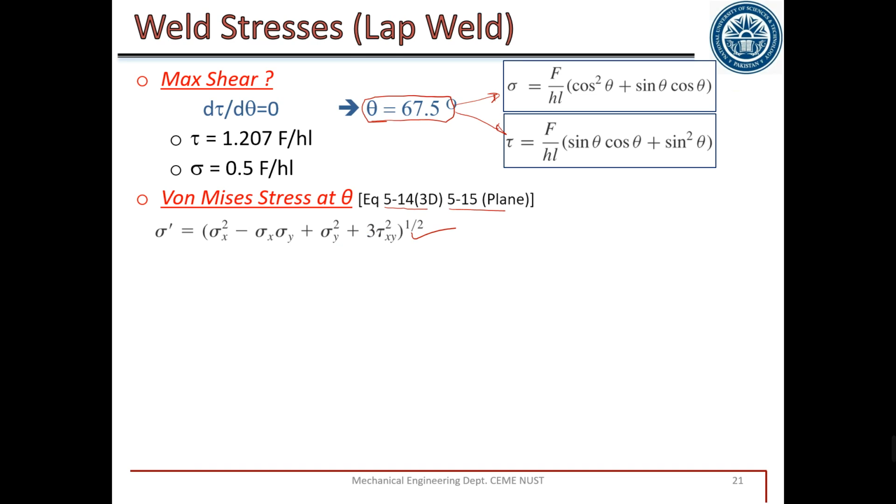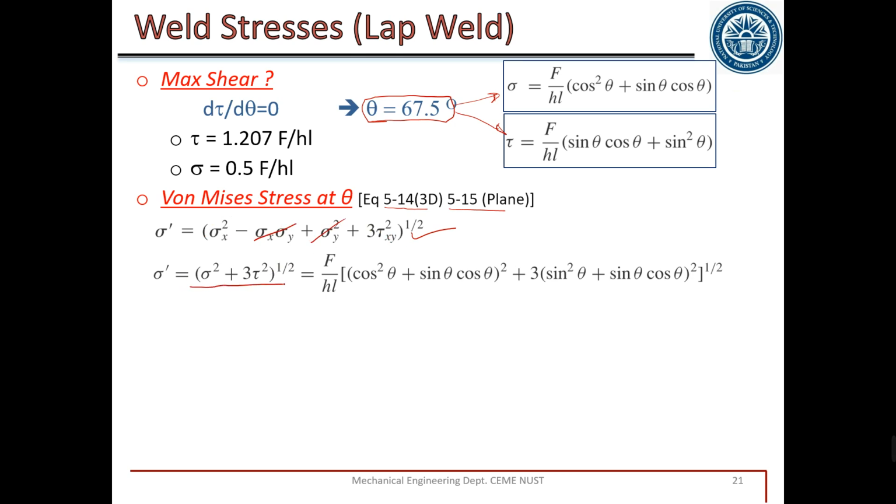So sigma y is 0, and this equation will be further simplified to the square root of sigma square plus 3 tau square. Von Mises stress is simplified as a combination of normal and shear stress. So substituting these values of normal and shear stress, we get this equation in terms of theta.